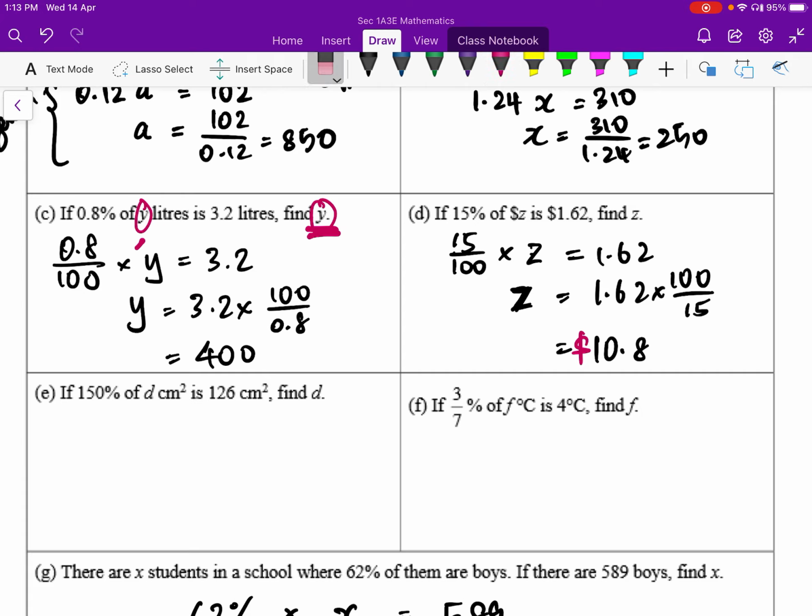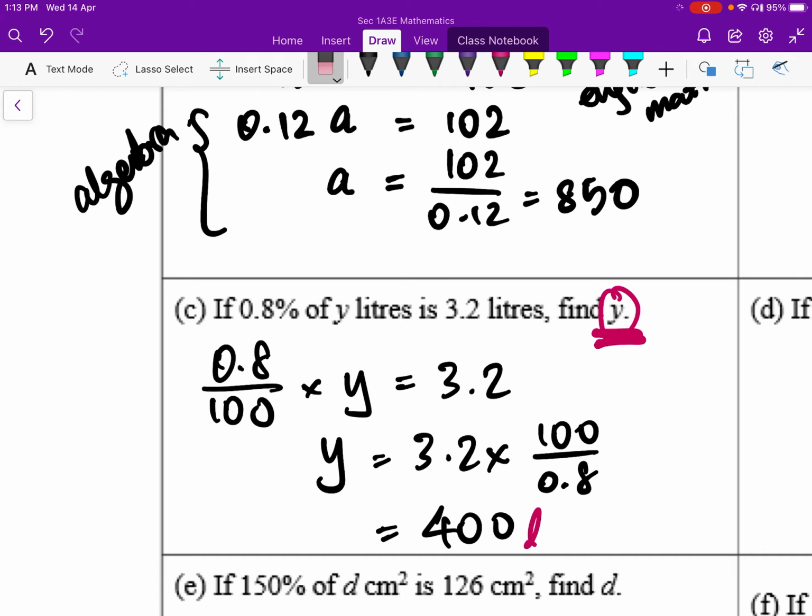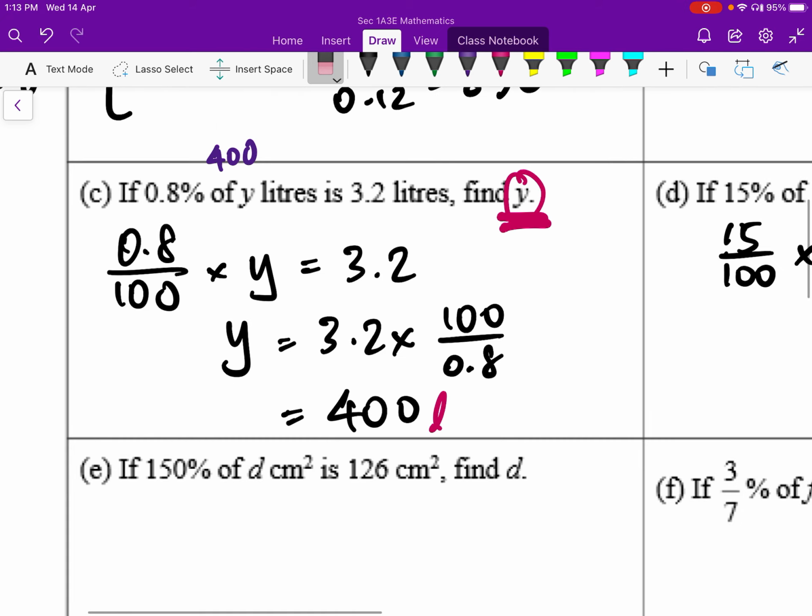Because if we attach the liters to 400 for y, then if we substitute it back into the question, it will look like this: 0.8% of y, and now we know that y is 400, 400 liters. You get it? If we say y is 400 liters, then back into the question it will be 0.8% of 400 liters. Therefore, I did not put the liters over here.